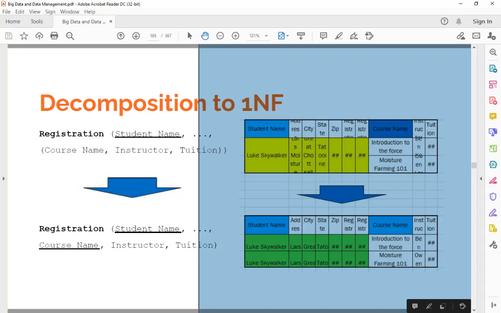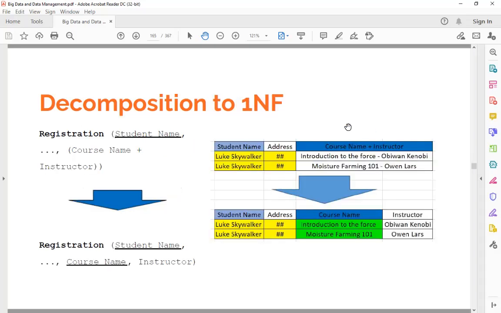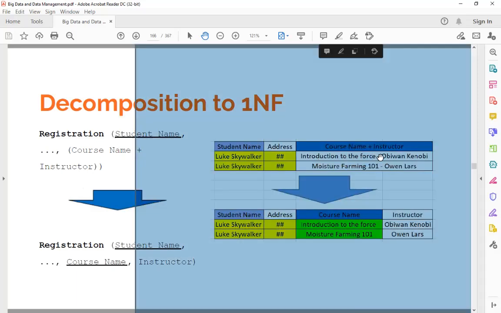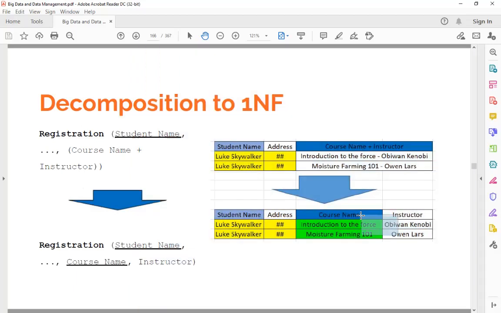This is how you create a no-repeating-group relation. For a nested group like this one, course name and instructor, you will break up course name and instructor into two columns and form a new relation. Then you also need to add whatever was in the original table and form this new relation of the original table plus the columns that were broken up.